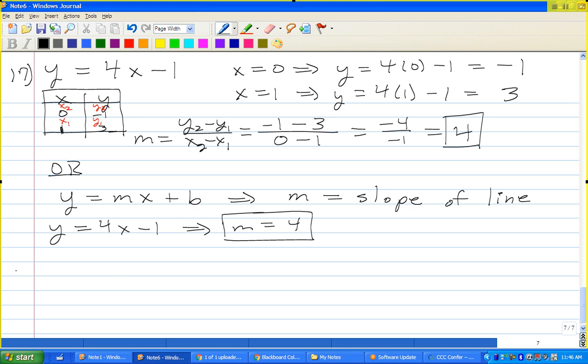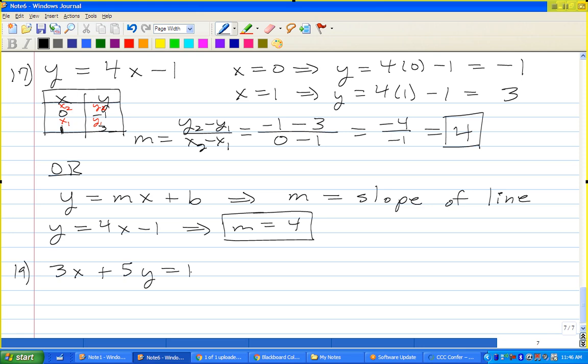So let me do problem 19. You notice that if you put it in this form, the slope-intercept form, then you can easily find the slope of your line. Okay, so problem number 19: 3x plus 5y equals 1.